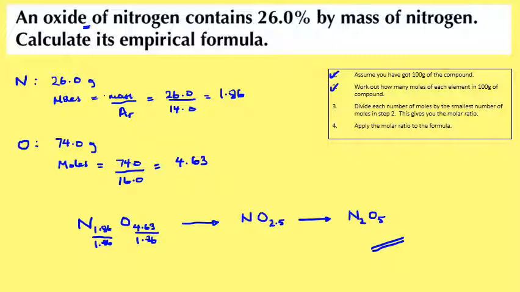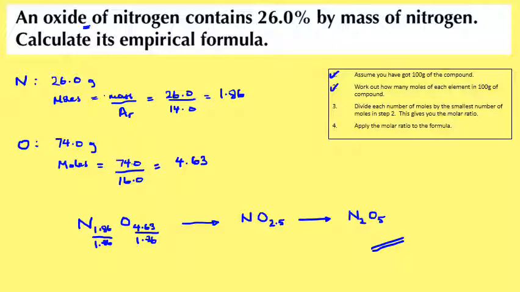Okay, so these two examples that we've just done are fairly simple examples, and that's to just get us used to using that 4-step process to work out the empirical formula. But if you were to get an exam question on empirical formulas, it's more likely that the exam question will describe an experiment, and from the results of that experiment you have to get the empirical formula.